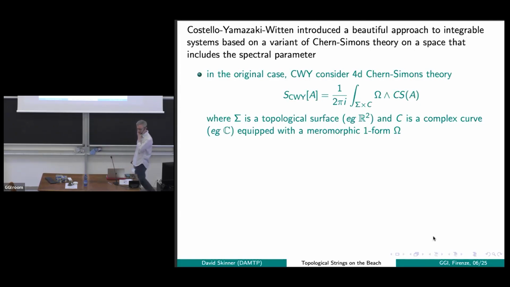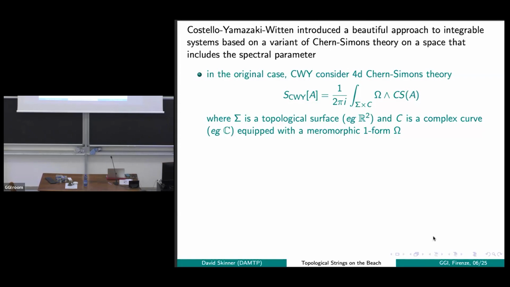In the original case that they considered, they had a certain variant of 4-dimensional Chern-Simons theory, which was a mixed topological-holomorphic Chern-Simons theory. So it knew about some smooth topological surface, let's just say R2, and that surface was where their integrable system originally lived, together with some complex direction, say just the complex plane, which would be the space parameterized by the spectral parameter.